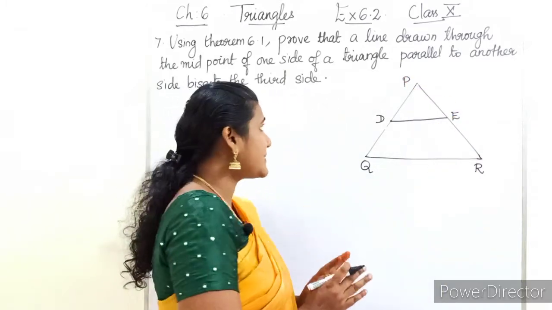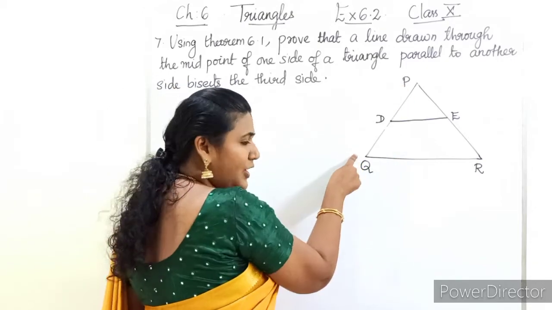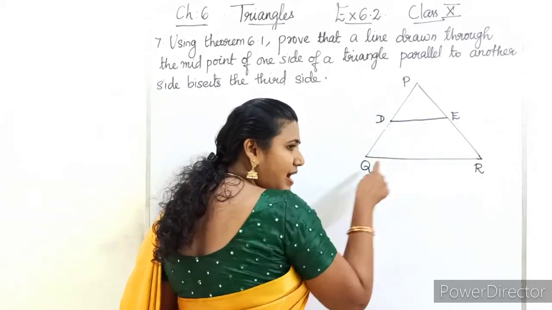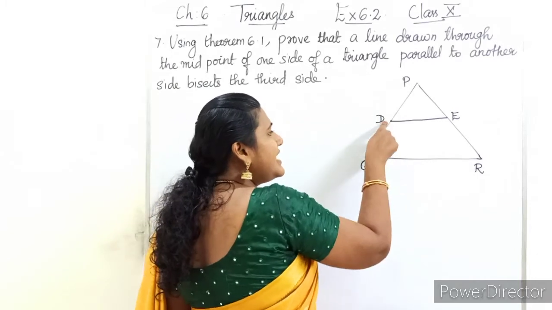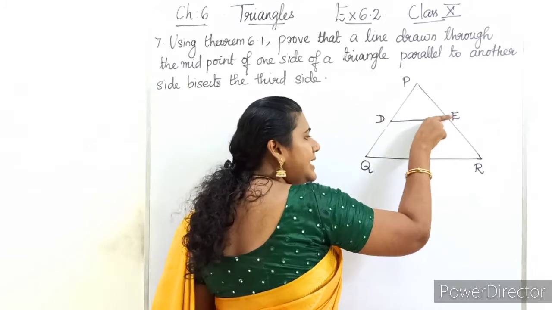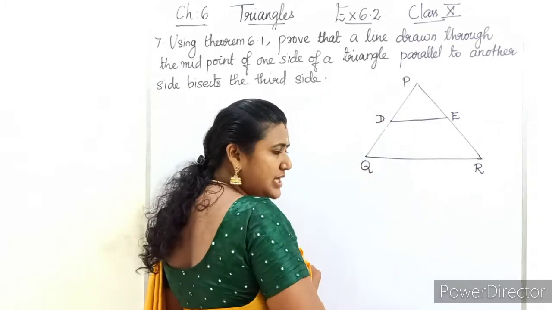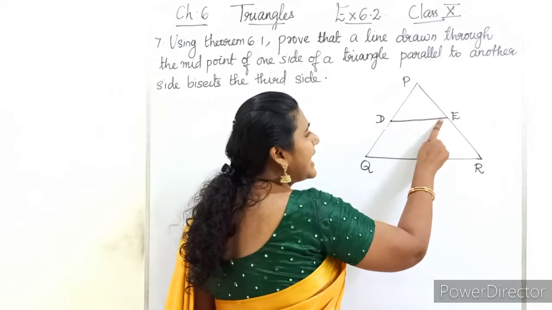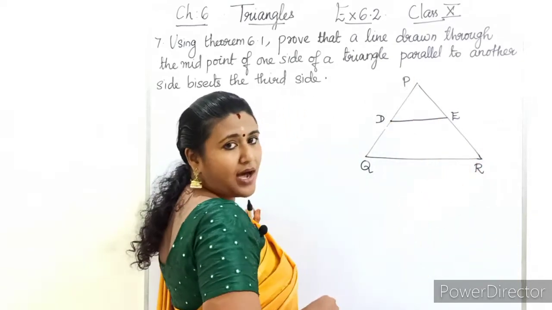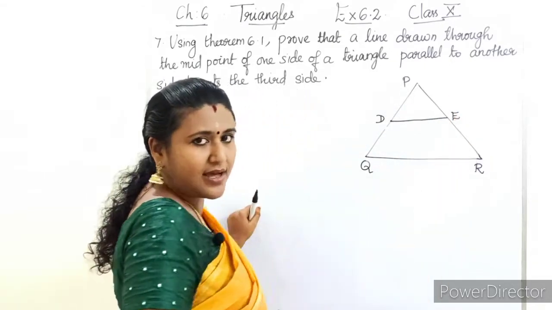So one more time I am explaining. A line drawn through the midpoint of one side of a triangle. So we have a triangle PQR in which D is the midpoint of side PQ and the line DE is parallel to QR. So these conditions are given in the question. We have to prove that the line DE bisects PR. Bisects PR means this PE and ER measurements are equal.